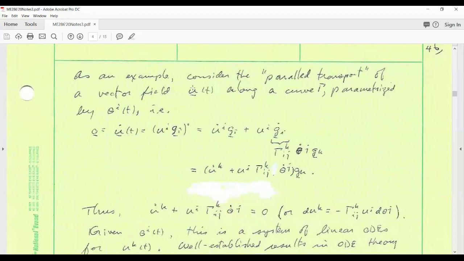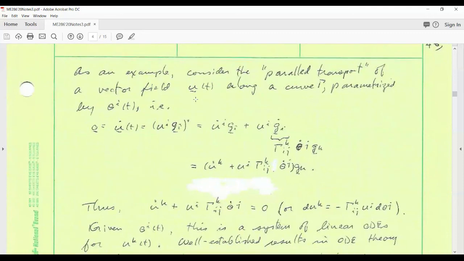If U is a function of the coordinates and the coordinates are functions of t, then U is ultimately a function of t. Although actually, we don't even need U to be a function of the coordinates, we just need it to be defined on a curve as a function of one parameter. Let's call that curve gamma. And we know intuitively what we mean by a vector field remaining parallel to itself if we move along the curve, right?